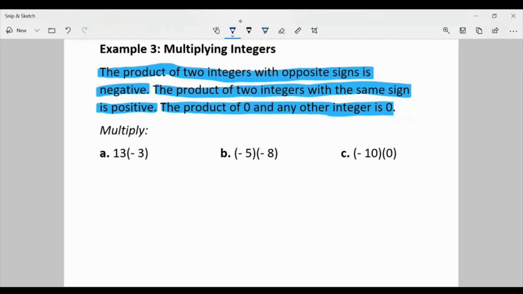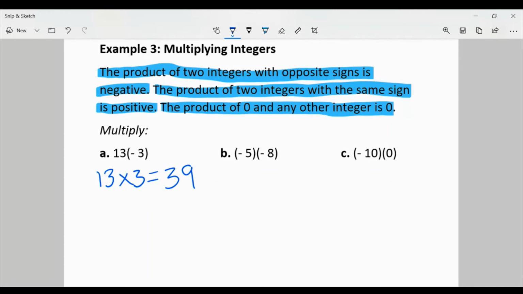So when I multiply 13 times negative 3, I can multiply this just by doing the absolute value of each and multiplying those together by just making them positive numbers, right? 13 times 3 would give me 39.